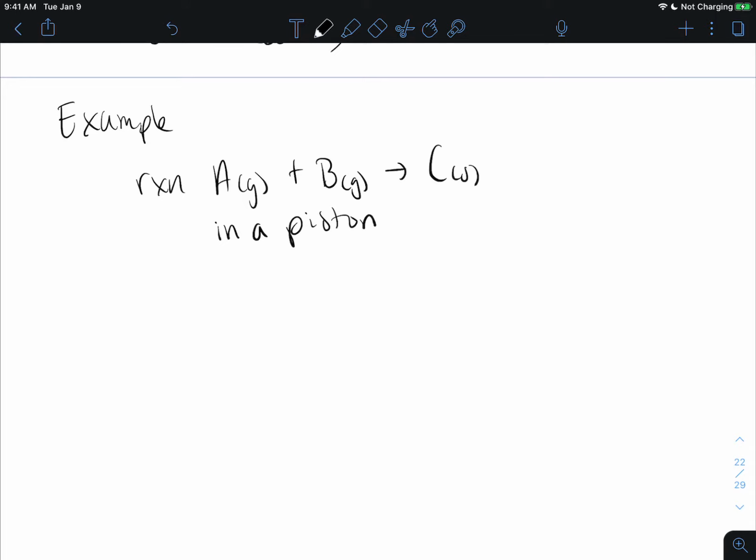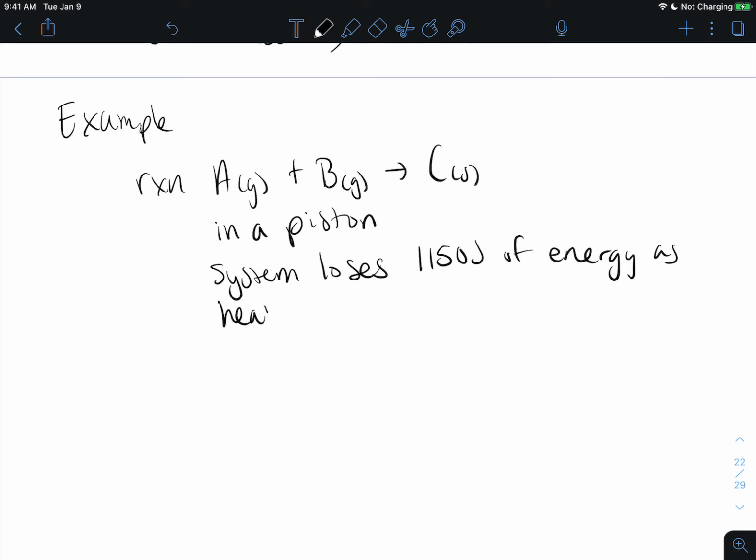Okay, so as the two gases react, they're going to form a solid, and during this, the system is going to lose 1150 joules of energy as heat to the surroundings.